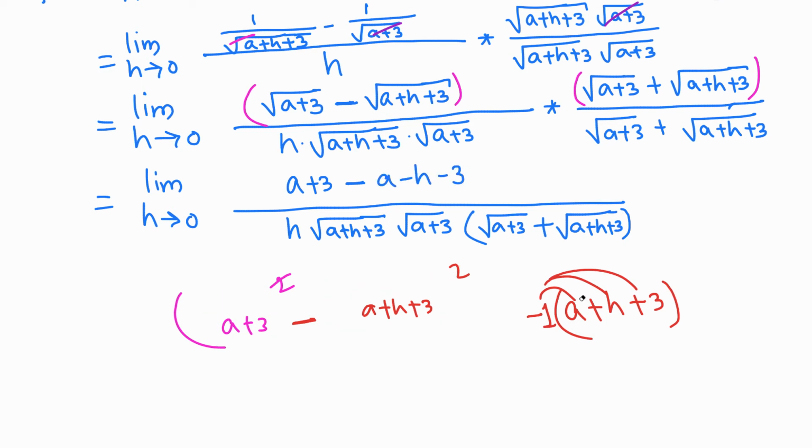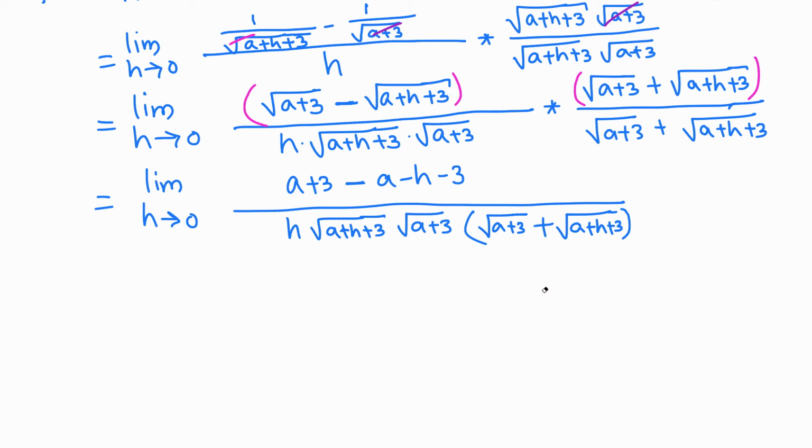Okay, finally we are almost done. Now we can simplify the top. We were working so hard to simplify the top. It's finally simplified because now a and negative a cancel, plus 3 minus 3 cancel, that's 0. So that leaves just negative h on the top. So we have limit h going to 0 of negative h over the whole thing.